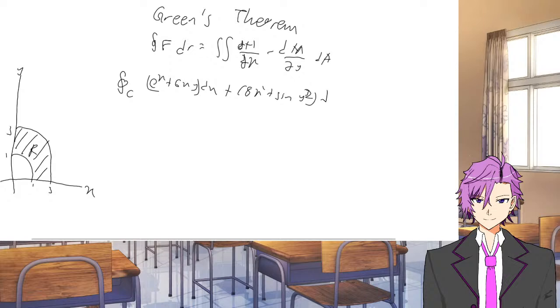Oh wait, dy. So this one would be M xy, this would be N xy.